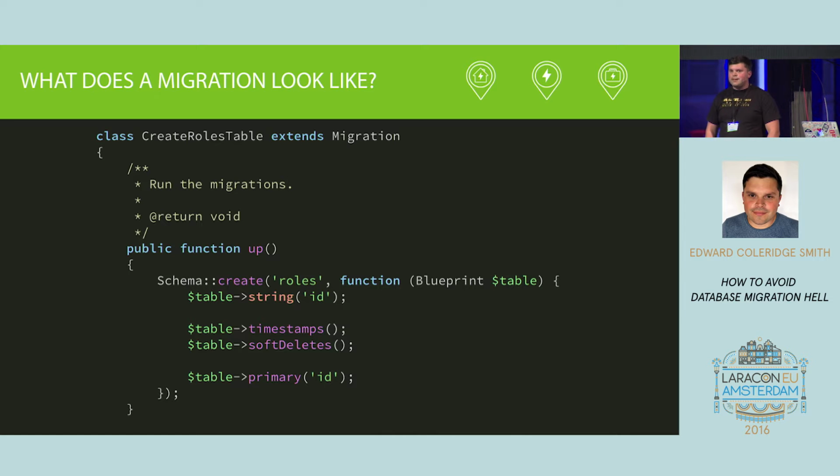We're going to add the timestamps, which are the created at and updated at columns that you could be familiar with if you've used Laravel a lot. And also, we're going to use soft deletes. So that's the deleted at column. So Blueprint's just got these helpful convenience methods in them that will create those columns for you. And then because this table doesn't have an incrementing numeric ID, we're going to set the index of the table to using the primary key. And we're going to call it ID.